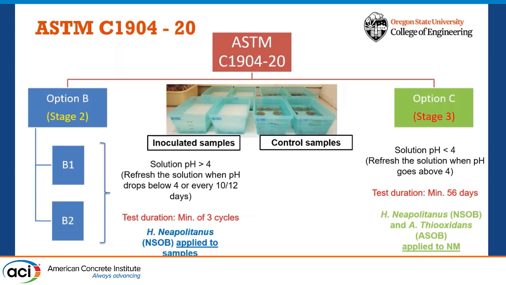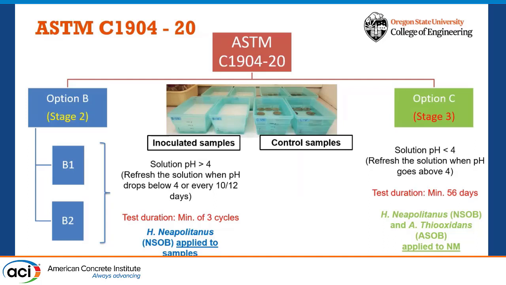And we have a new testing method, ASTM C1904. This test is designed to test different stages of microbial induced corrosion for different mixtures, antimicrobials, and admixtures. We have option B testing for stage 2 and option C testing for stage 3.